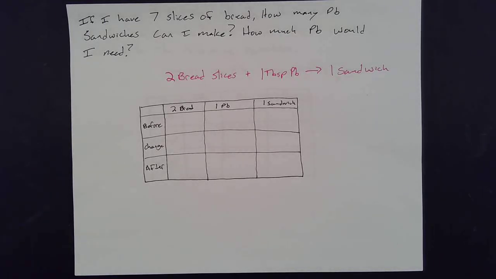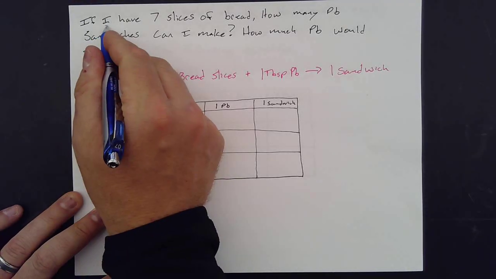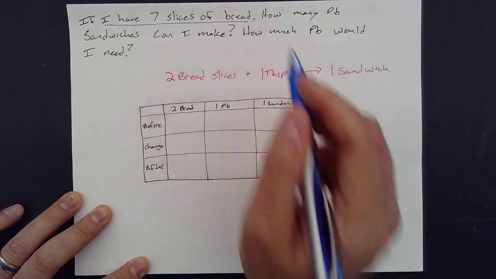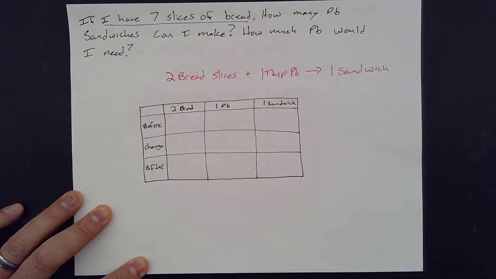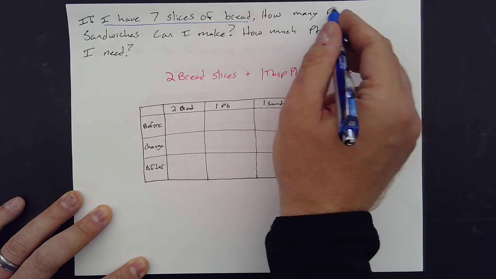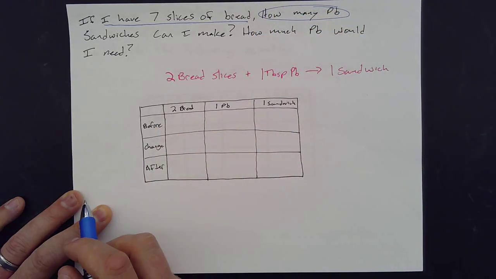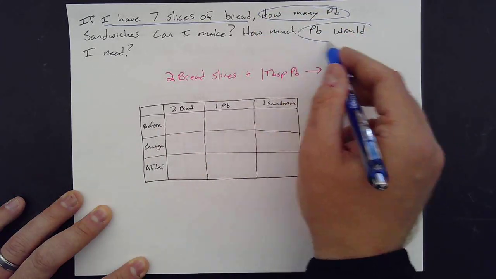We're going to look at this relationship, and we're also going to plug our data into this table. You know how I like to read questions. If I have 7 slices of bread, how many PB sandwiches can I make? And how much PB would I use?